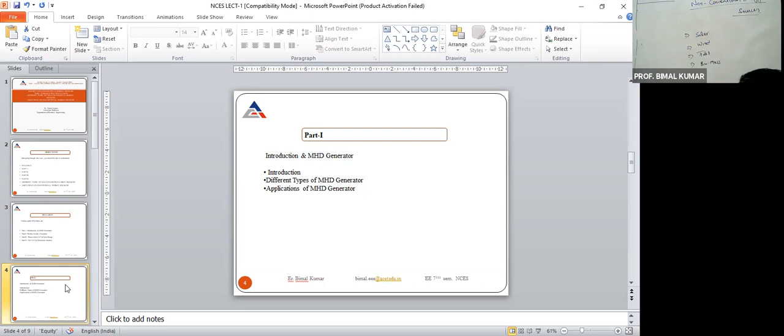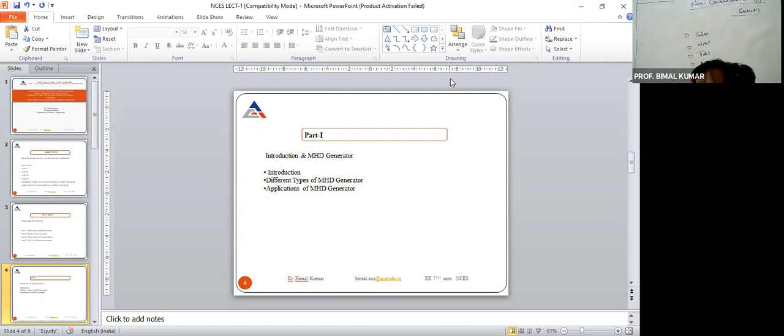Whenever we discuss applications of non-conventional energy sources, these are not more reliable, right? These are not available 24/7. They are available from time to time depending upon availability.